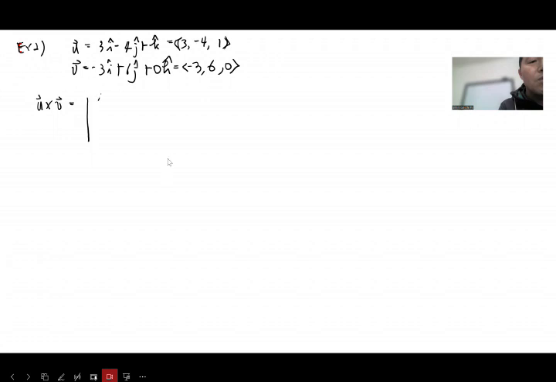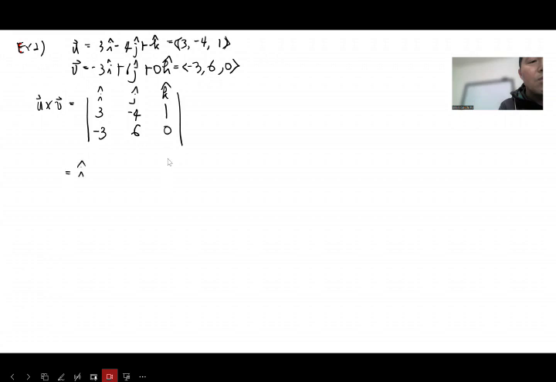now i j k, then 3, minus 4, 1, and minus 3, 6, 0.